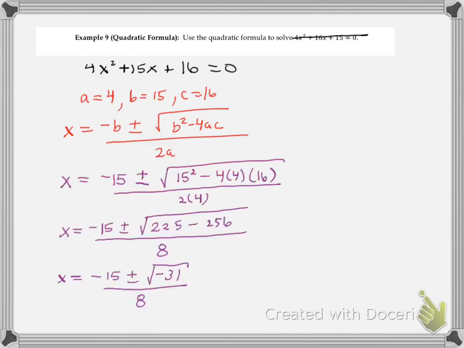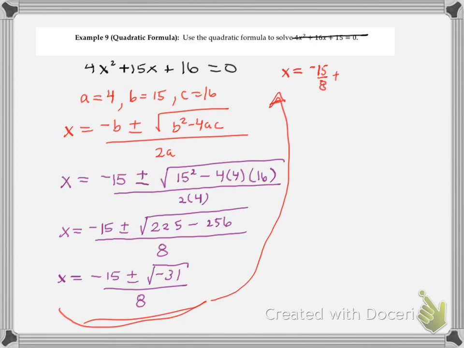Okay, so hopefully you've gotten this far and you got up to here. Let's go further because I want to take a look at something. Square root of 31, you can't factor that. 31 is prime, I believe, so you can't factor that into perfect squares. But we can separate this into negative 15 over 8 plus the square root of 31 i.